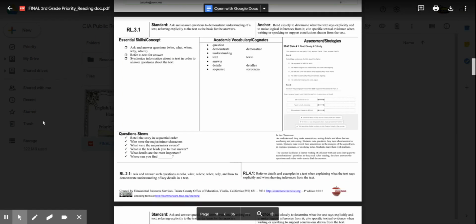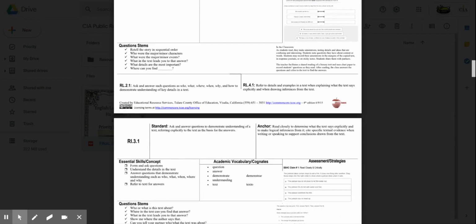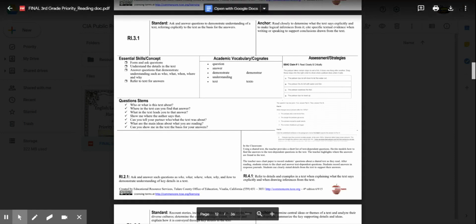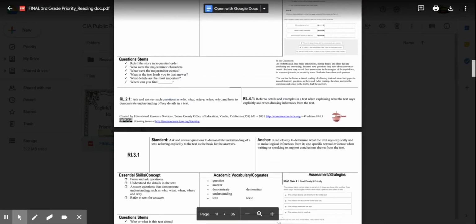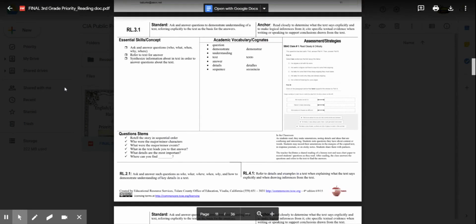So next we're going to get into our actual standards deconstruction templates. You'll notice that we begin with RL, grade 3, standard 1. So that's our reading for literature standard. That's followed by our reading for information, grade 3, standard 1. So I'm going to come back up here and we'll look at what these documents include. They begin obviously with a standard number.